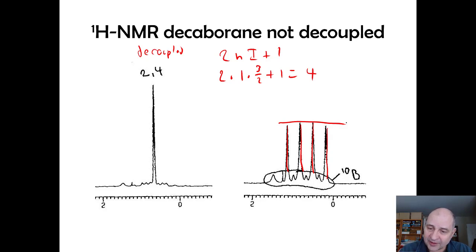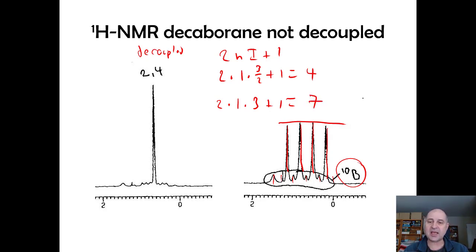Now, the cool part is that I'm guessing that the signals here, which could be an impurity, might actually be boron 10, because boron 10 would give rise to a heptet or a septet, right? Because boron 10 would have a spin of 3. So 2 times 3, 6 plus 1 would be 7.